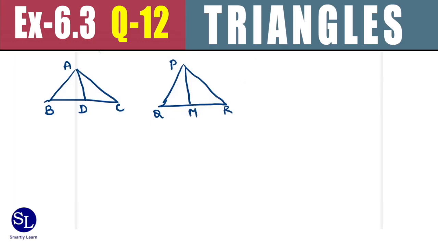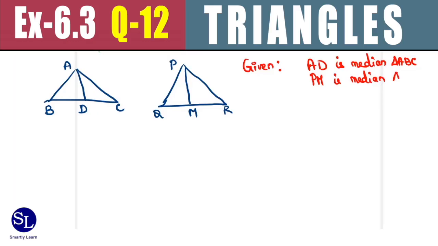Now let's list what is given and what to prove. Given is AD is median of triangle ABC. Then PM is actually median of triangle PQR. The last statement was sides AB, BC and AD of triangle ABC are proportional to sides PQ, QR and median PM.